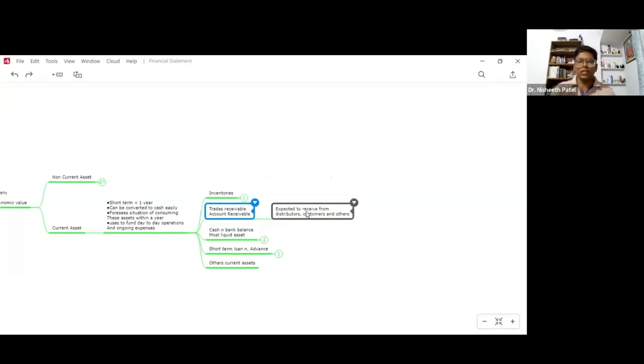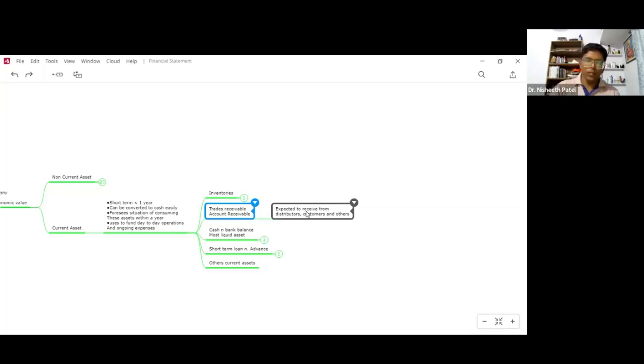This is the thing we have discussed in the first segment on accrual and cash accounting concepts. In the profit and loss segment, suppose the company has sold material worth 100 rupees, but at that time they got only 80 rupees.